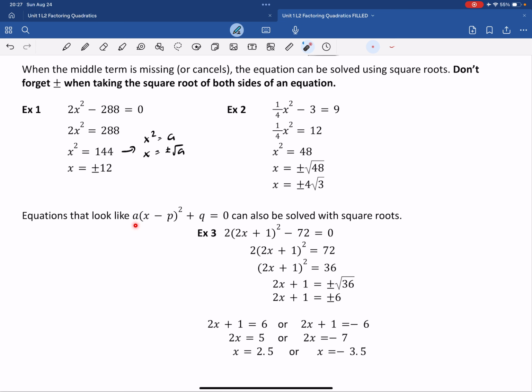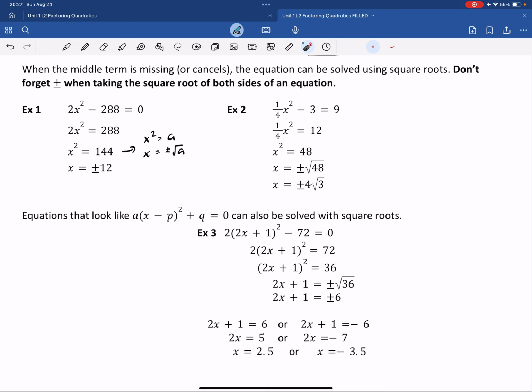Something like this, right? If we already have an x inside of parentheses that's squared, but that's the only x, we can also just isolate x by getting it on one side, getting everything else on the other side, and then undoing by square rooting.